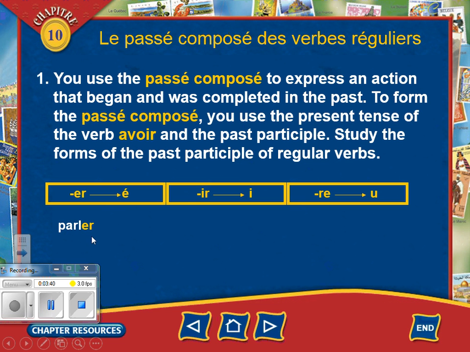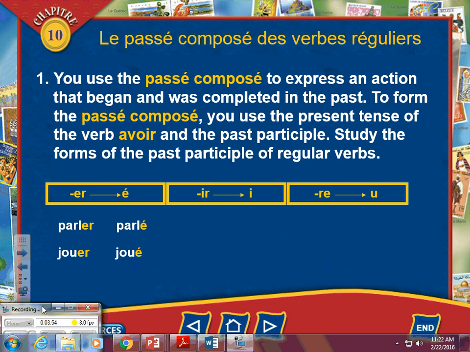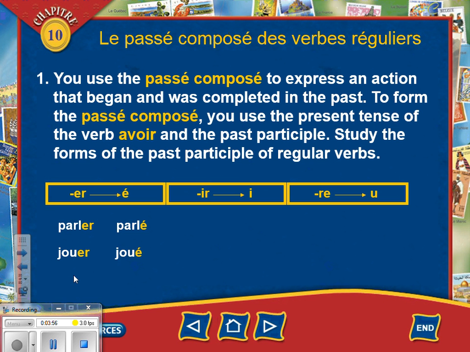Parler is an ER verb. I take the ER away, replace it with E accent aigu, parlé. Okay? That's my past participle. Jouer, same thing. Finir, just drop the R and I get fini. You hear me say this all the time.